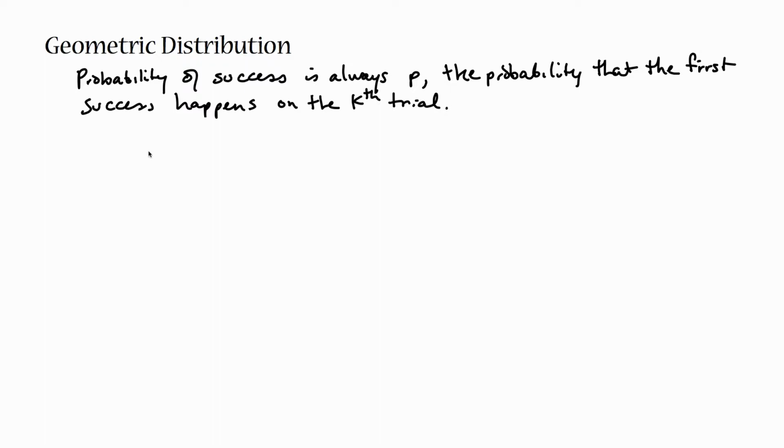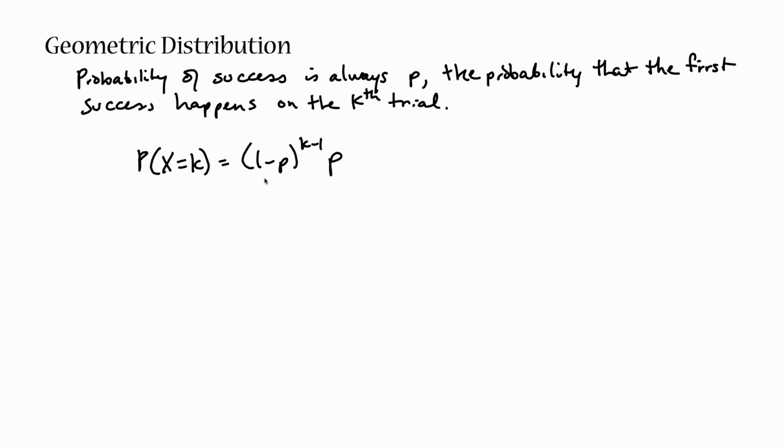So the probability mass function is given by: the probability that x equals k is (1 minus p) to the k minus 1, times p. Again, you can think this one out pretty straightforwardly, because succeeding on the kth trial means that you fail k minus 1 times.